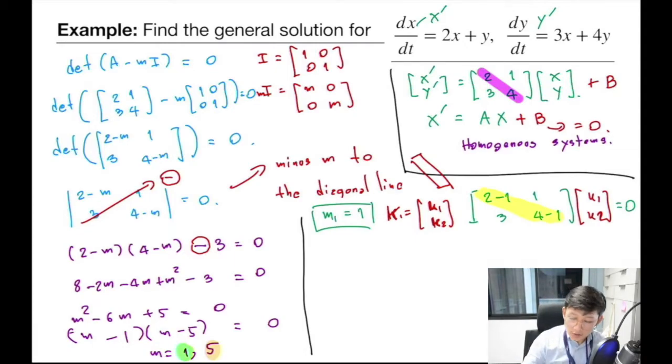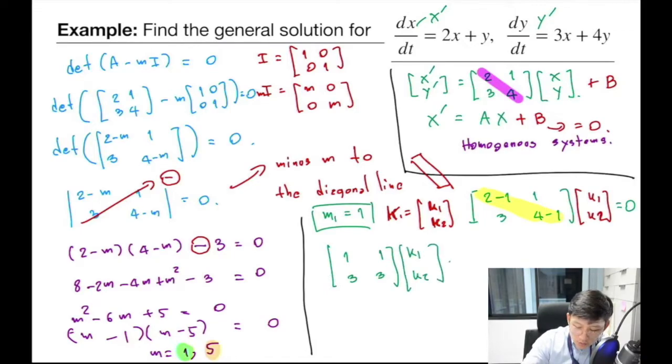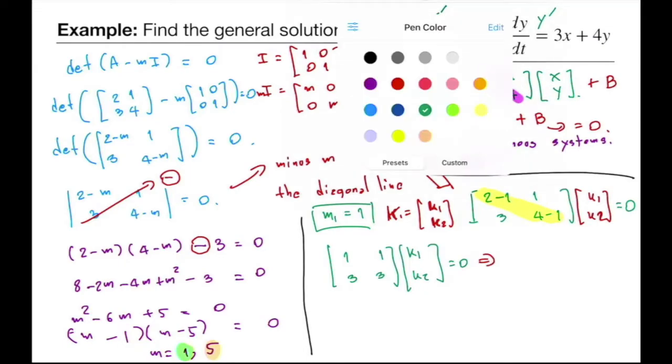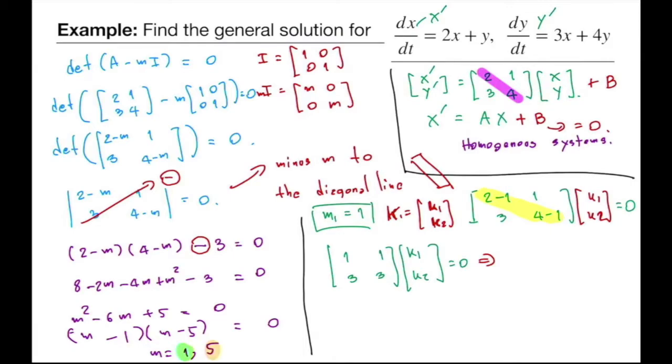And so we have [1 1; 3 3] times [k1; k2] equals 0, which means I multiply this to this, so I get k1 plus k2 equals 0, and 3k1 plus 3k2 equals 0.